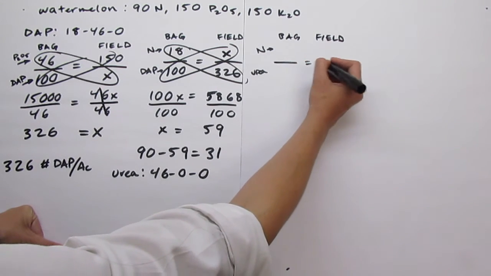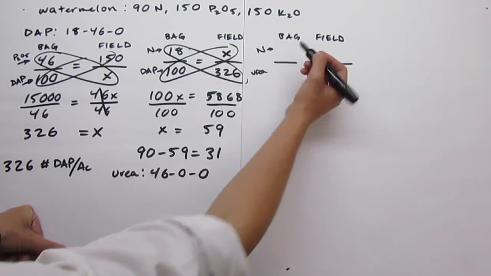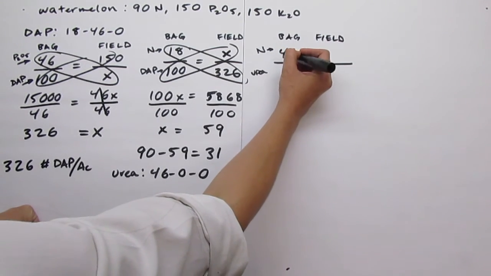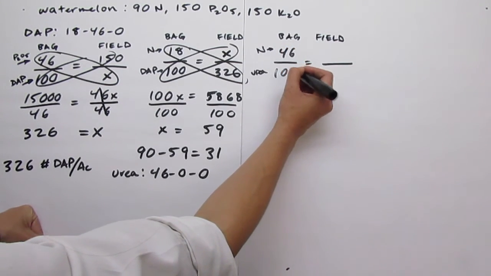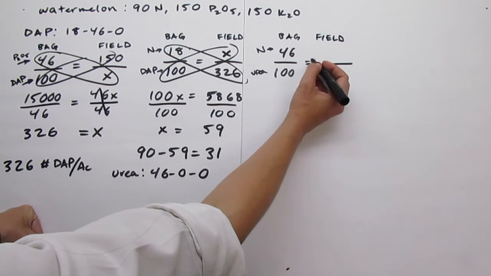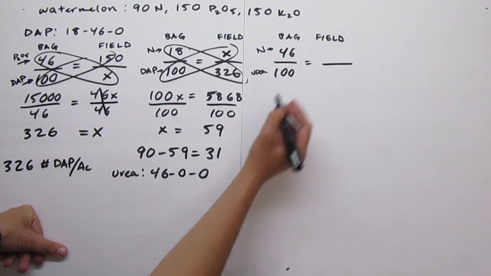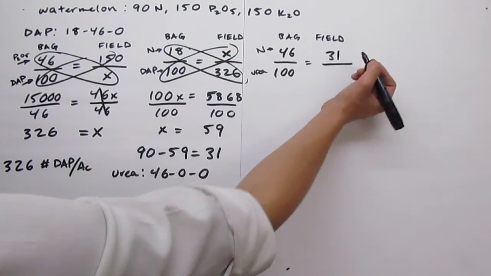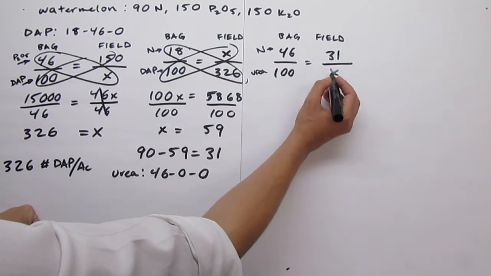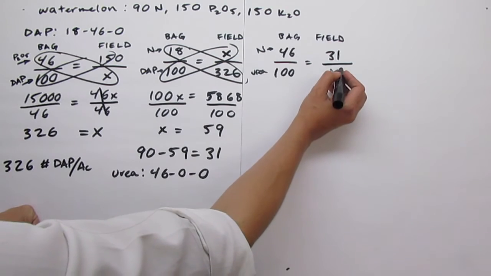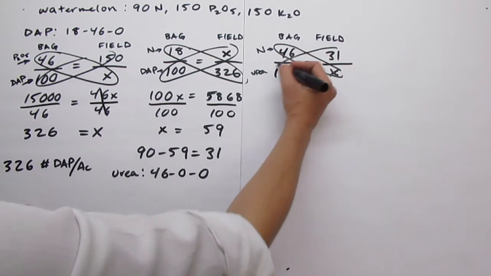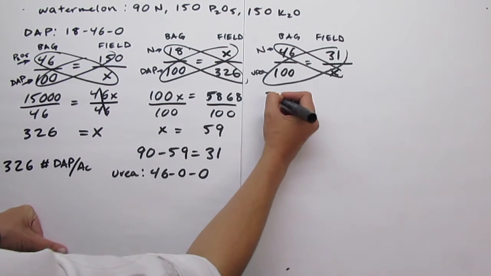So in the bag, urea is 46% nitrogen. For every 100 pounds of urea, there are 46 pounds of nitrogen. On the field, we need 31 additional pounds of nitrogen. So we're going to put 31 here. We're going to put X here because we don't know how much urea to apply. We cross multiply.